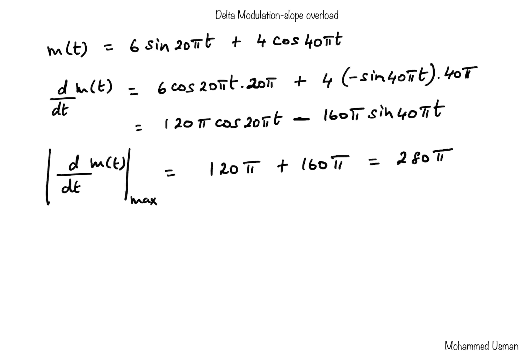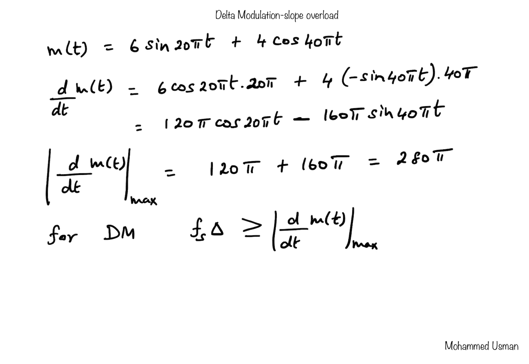So that's the maximum slope of the input signal, and we get it as 280 pi. Now for delta modulation, for DM, Fs times delta should be at least the maximum magnitude of d by dt of m of t.